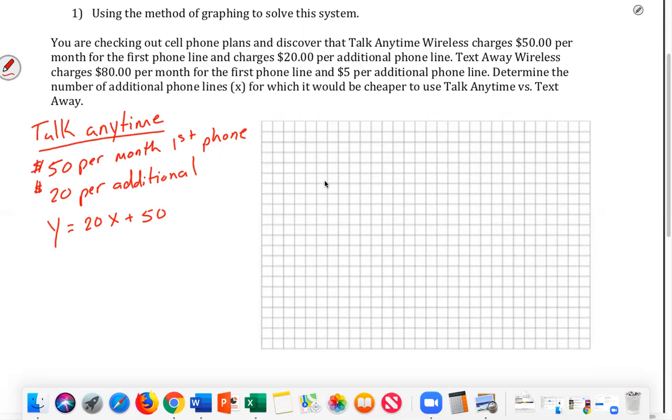All right. So up here, this is going to be my cost axis. So let's go ahead and write that in. So cost, in dollars, that's going to be my Y. And then let's go ahead and do my x-axis. This is going to be phone lines, or additional phone lines.